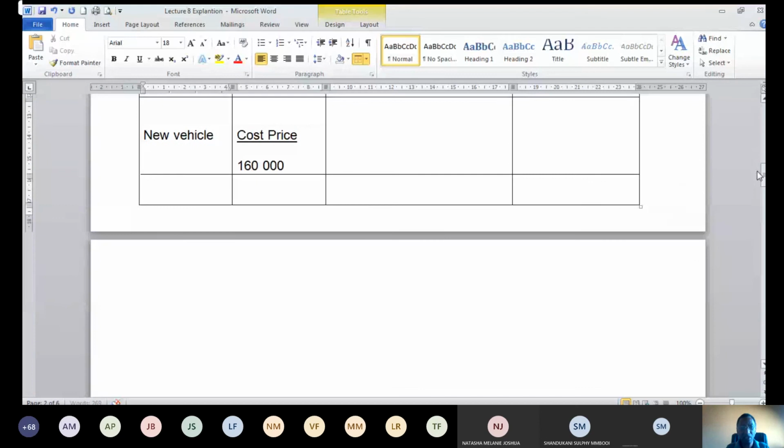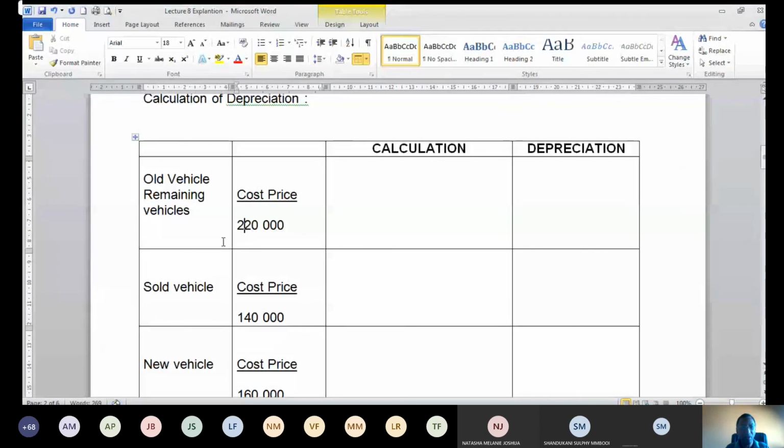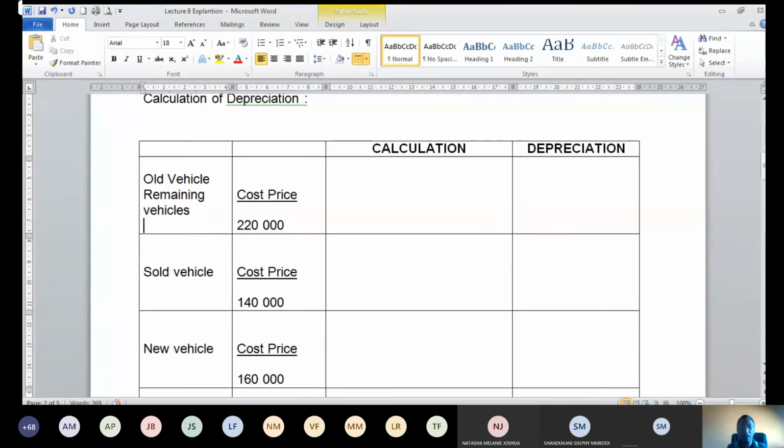So if we are now, guys, going to focus on our calculation for depreciation, you must have 3 sets of vehicles. Old vehicles, vehicles that were sold, and our new vehicles. I've calculated now and will show you where we got those amounts from. 220,000 for our remaining vehicles. So if I am going to calculate my depreciation on my remaining vehicles, my depreciation will be 220,000.